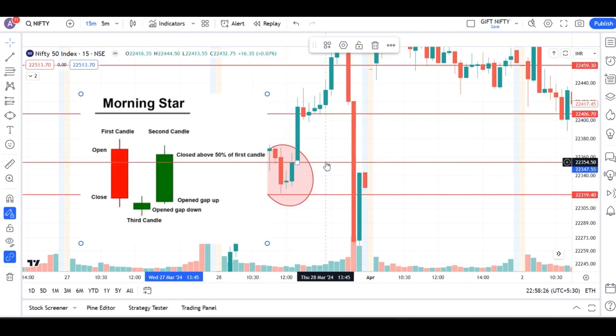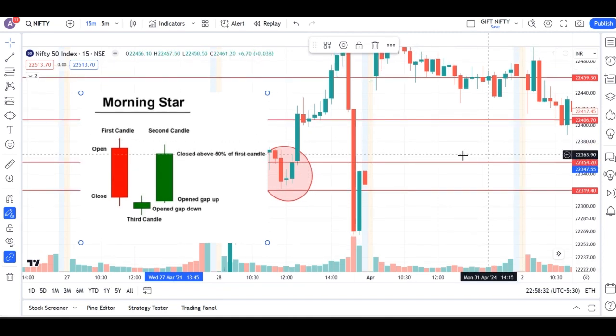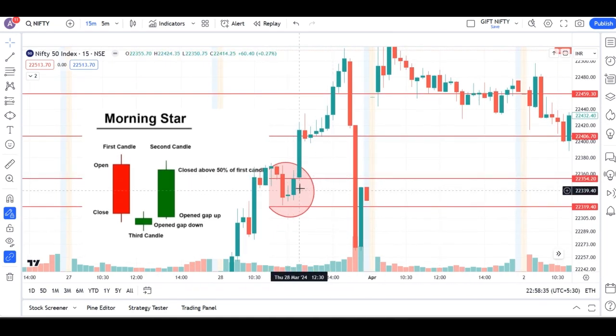So the next candle started at around 22,350 level and went upside on the same day, from 22,353 level up to 22,500, almost 150 points of single side movement within 2 hours, from 12:30 to almost 2:30. This is what formed on 28th March.